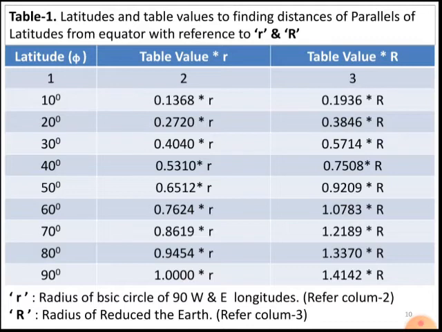If you multiply the values of the respective latitudes with the radius, either circle or reduced earth, small r or capital R, you will find the distance of that particular latitude from the equator. It will help to mark the distances of each latitude from the equator, as per the interval given in your example. So this is the most important step.